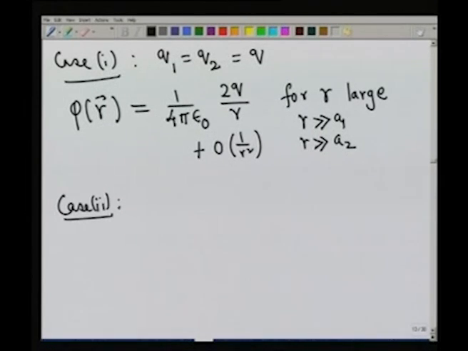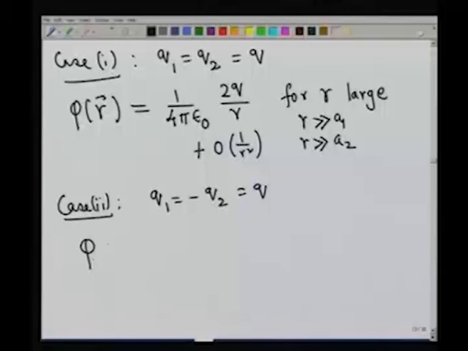However, the next case is really interesting, and that indeed is ubiquitous. It occurs everywhere in electrostatics. That is when Q1 is equal to minus Q2 equal to Q. So you have two charges of equal magnitude but opposite sign. Now what we find is that the minute we write that, the first order term drops out and the leading order contribution is what was subdominant in the earlier case. So how does my potential term look like?